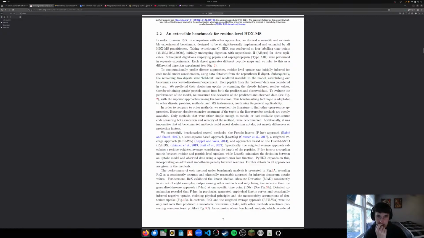Subsequently, the remaining two digests were held out and rendered invisible to the model, establishing our benchmark as a leave-digests-out experiment.